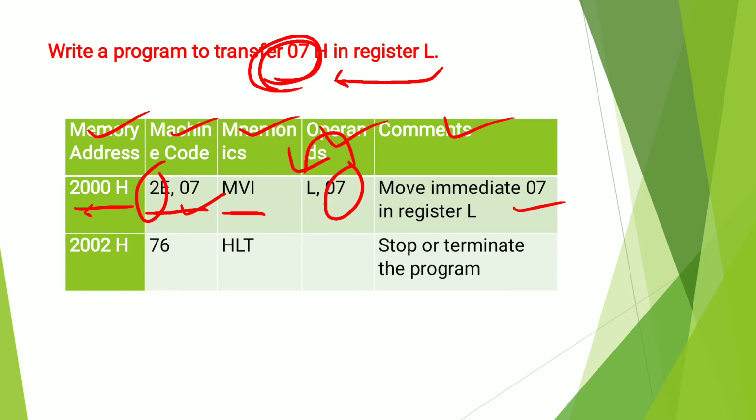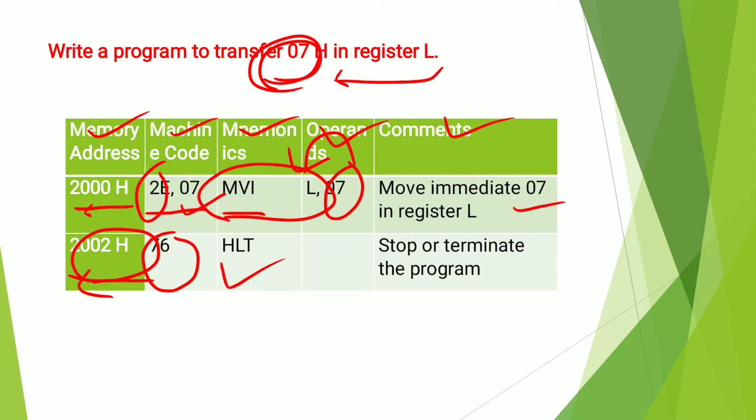Now stop the program. To stop the program, here I am using the halt instruction, and the machine code for the halt instruction is 76, and this is stored in the memory location 2002. Why 2002? Because MVI L, 07 is a 2-byte instruction.